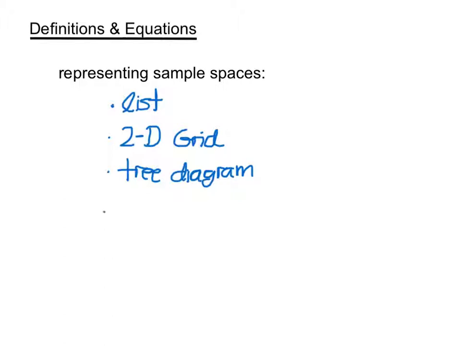The fourth we've seen already from our study of Chapter 1 and Chapter 19 on Venn diagrams. We've already seen how to generate a list for a sample space, and we're pretty familiar with Venn diagrams, so the example problem is going to look at 2D grids and tree diagrams in a little bit more detail.